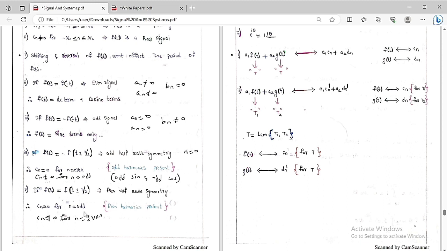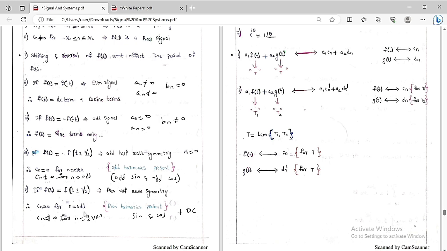So Cn is not equal to 0 for even values of n, which means the basic term is present and all the even harmonics of the sine and cos are going to be present.